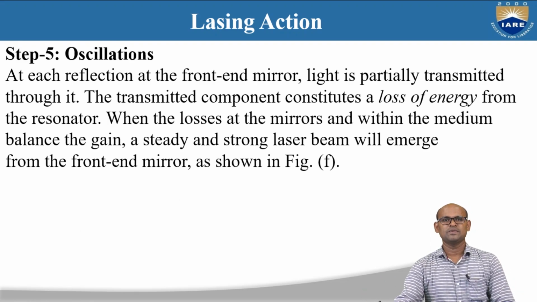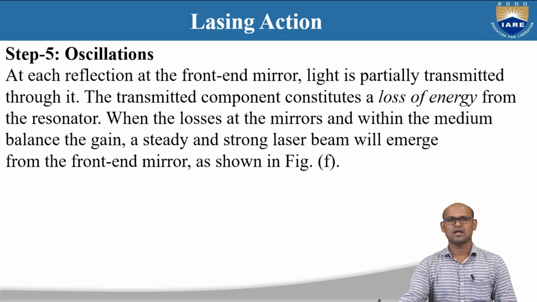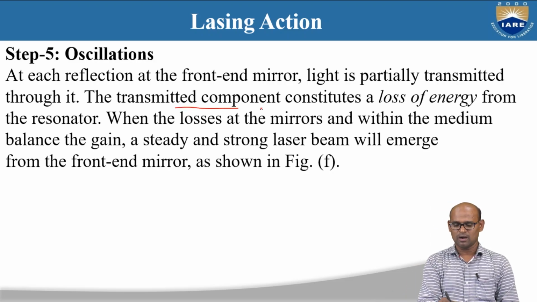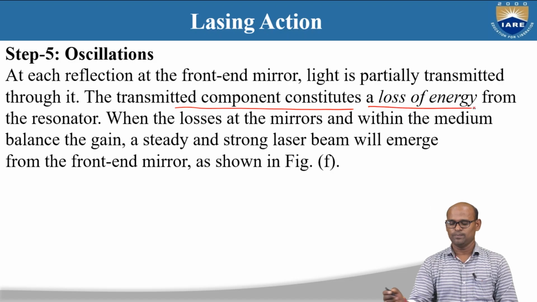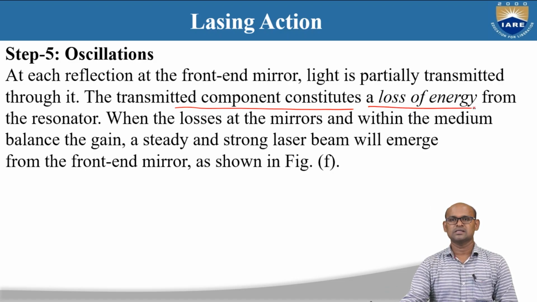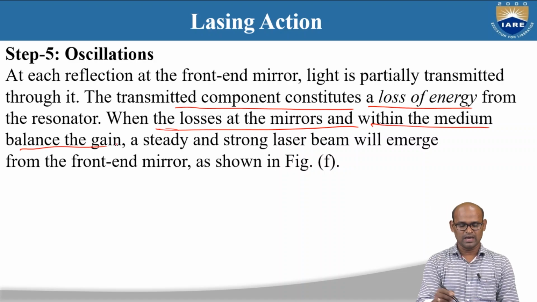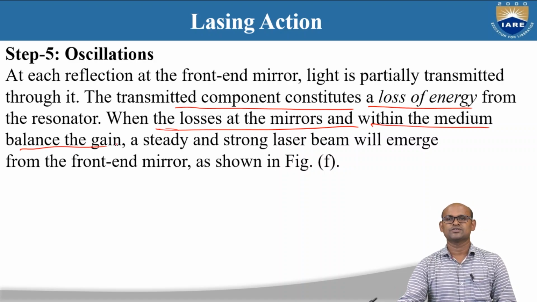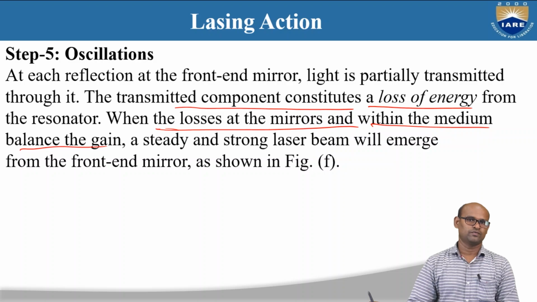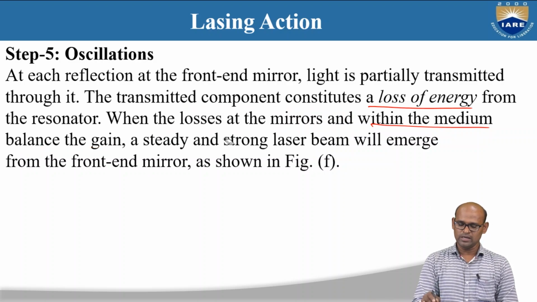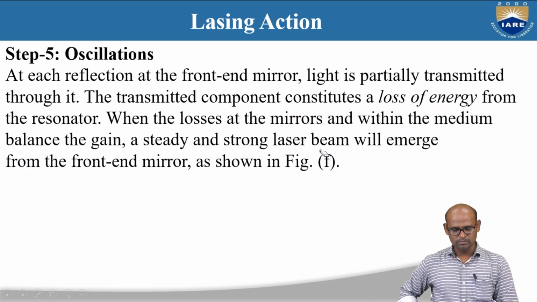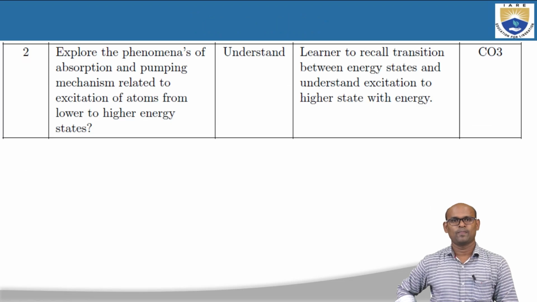The final step is that at each reflection at the front end mirror, light is partially transmitted through it. The transmitted component constitutes a loss of energy from the resonator. When the losses at the mirrors and within the medium balance the gain, a steady and strong laser beam will emerge from the front end mirror. So that is how we get the laser beam after these 5 steps.